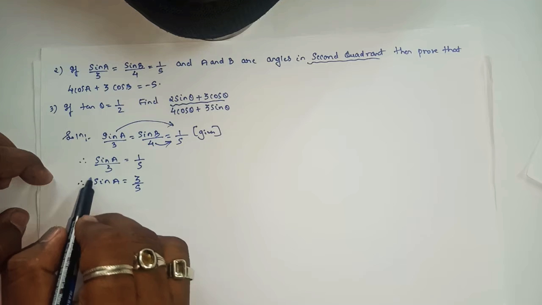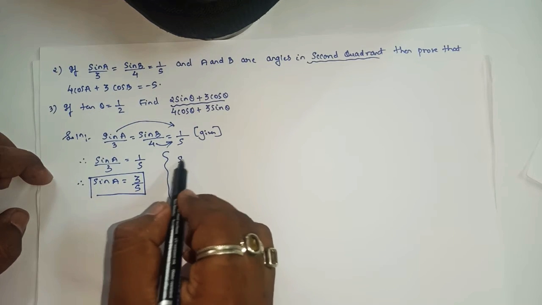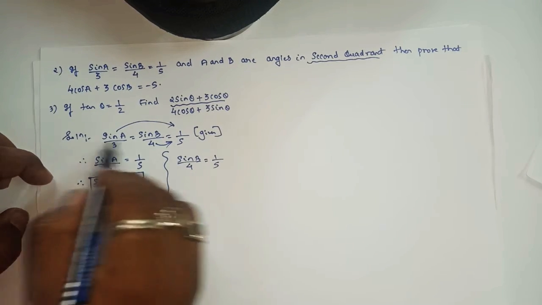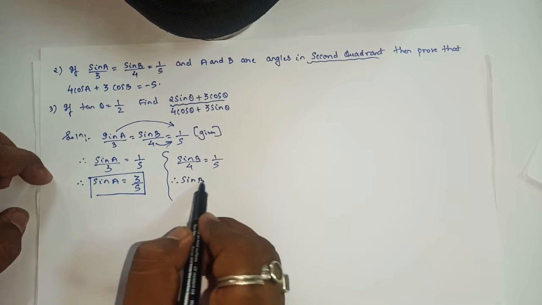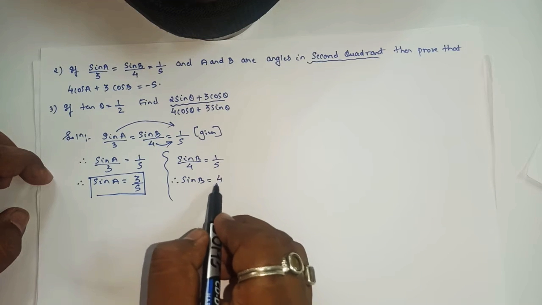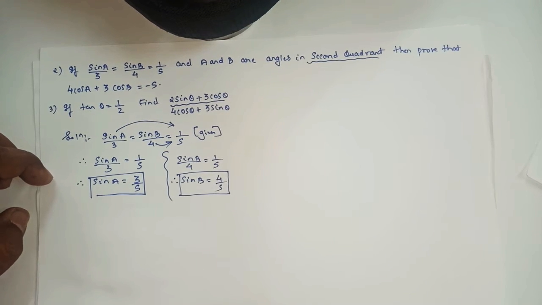Yes or no? You will get sine A as 3 upon 5. So when you consider the second part, sine B upon 4 equals 1 upon 5, as all the three ratios are equal, therefore sine B will be equal to 4 upon 5.